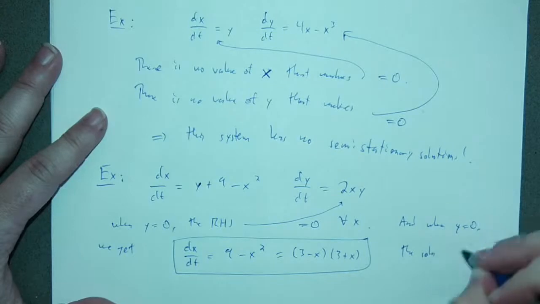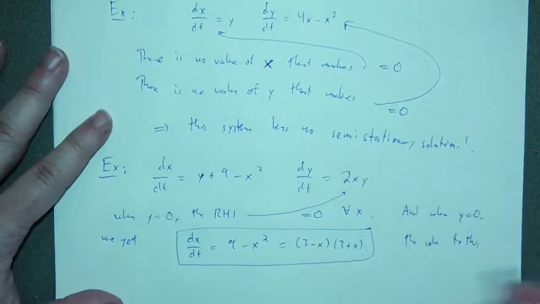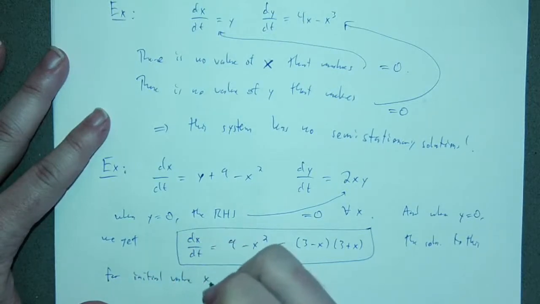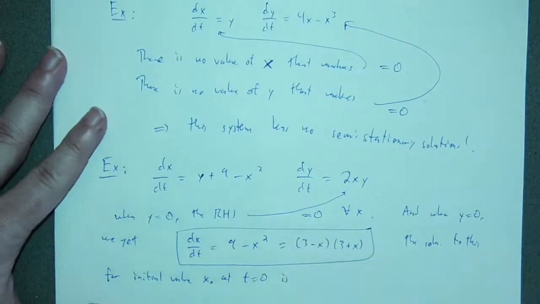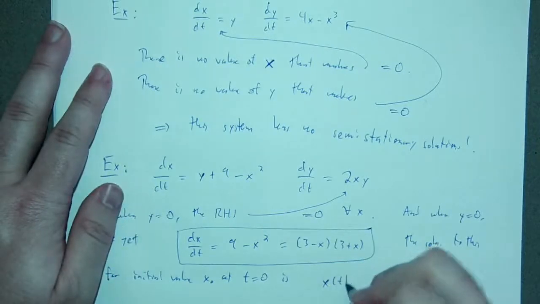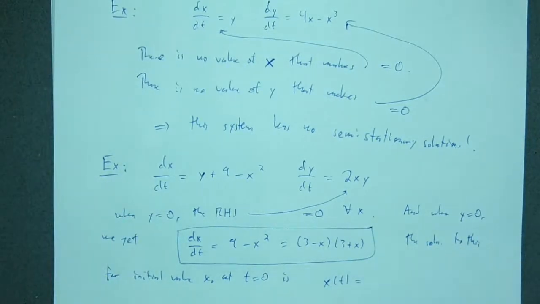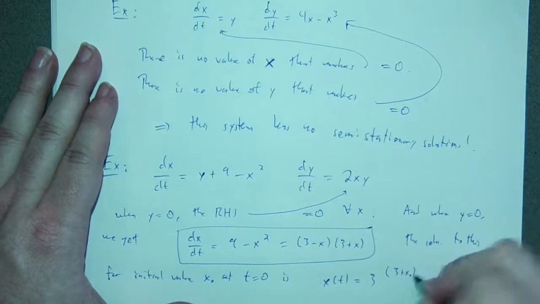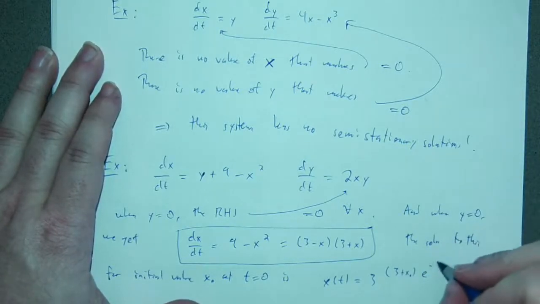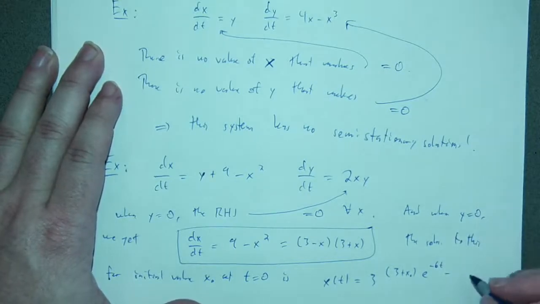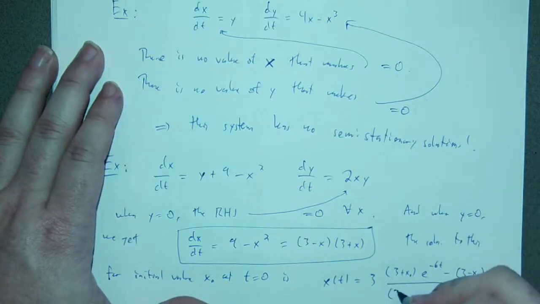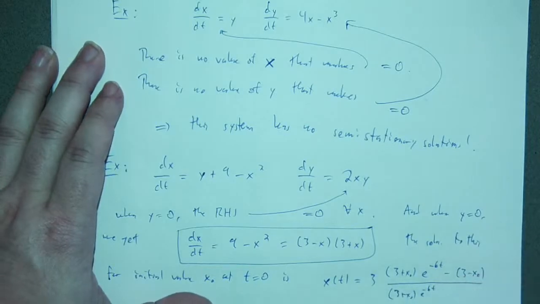The solution for initial value x naught at t equals 0 is x of t is equal to, remember what we did for autonomous equations, 3 times 3 plus x naught e to the minus 6t minus 3 minus x naught over 3 plus x naught e to the minus 6t plus 3 minus x naught.